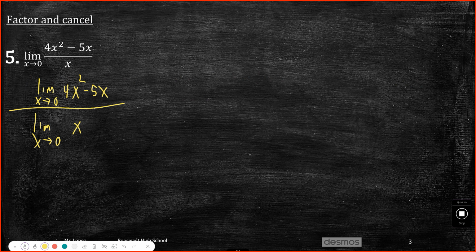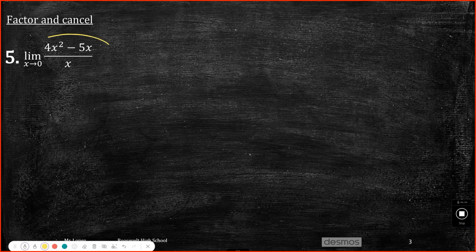So that's what's happening here. What we're going to do is algebra to get around that problem of 0 over 0. If you remember factoring a GCF on top, what is the GCF for this? What's the greatest common factor for the top?